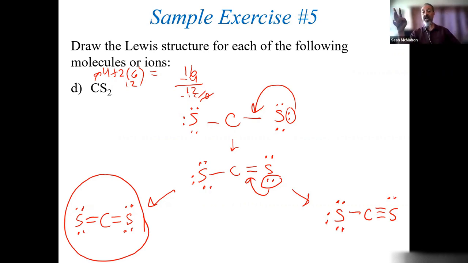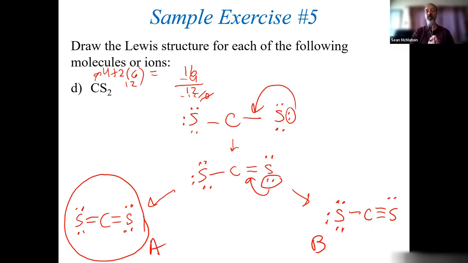So carbon still has 4 bonds, okay? But now one sulfur has a triple and the other sulfur has a single. So this is still a valid Lewis dot structure because everything has an octet. If I call this structure A and structure B, they're both valid Lewis dot structures. They're resonance structures. However, A is preferred.